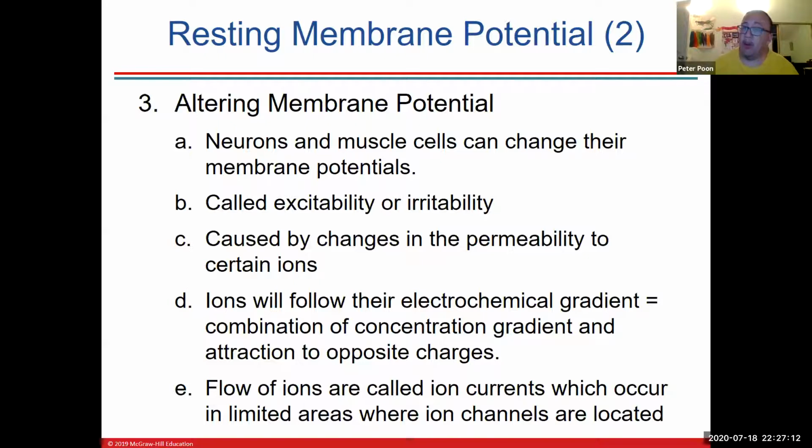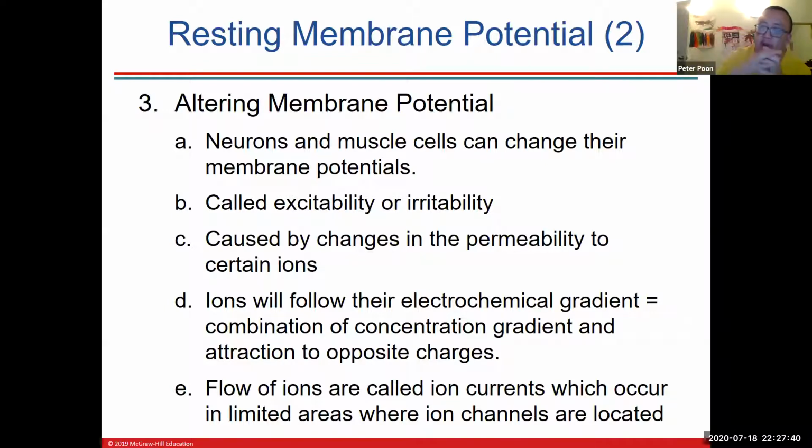So I can alter the membrane potential. This is called excitability or irritability. I can do it by opening channels to certain ions. If I open a sodium channel, for example, sodium will start rushing into the cell, so positive charges come rushing in, and that would depolarize the cell a little bit.